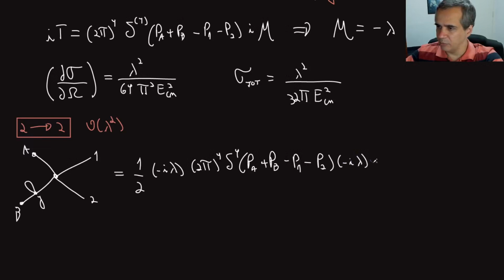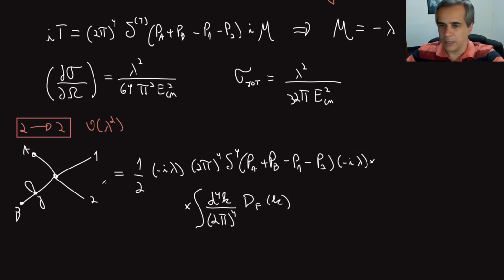And an integral in momenta for the loop there. That's the integral of d4k. Actually, let me organize. Let me write first 2 pi to the fourth, and the propagator of k, right? And then there is this propagator, right?